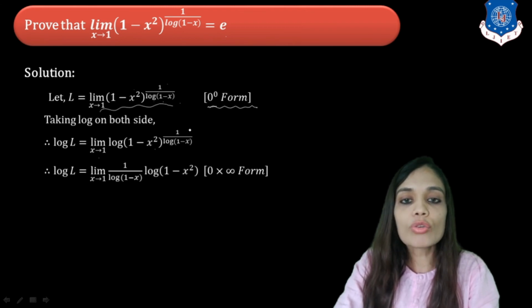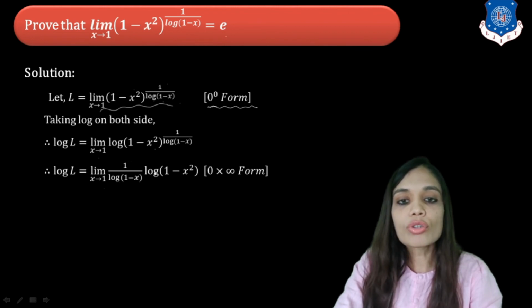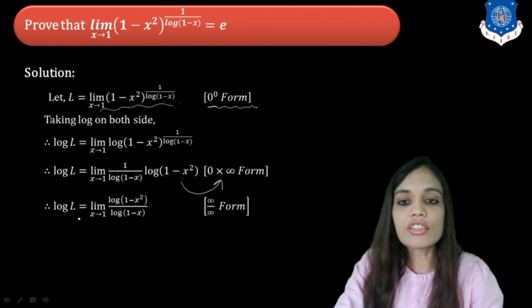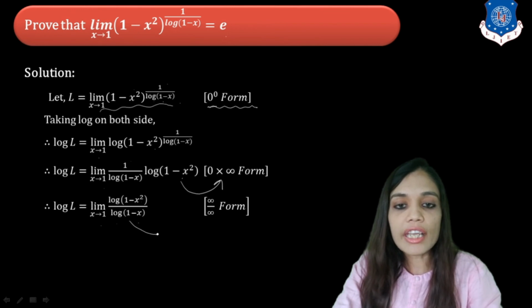Now applying the rule of log we will get limit x tends to 1 1 upon log(1 minus x) into log(1 minus x square), which will take 0 into infinity form. Now rearrange the terms. So on rearranging you will get log L is equal to limit x tends to 1 log(1 minus x square) upon log(1 minus x), which will take infinity by infinity form.